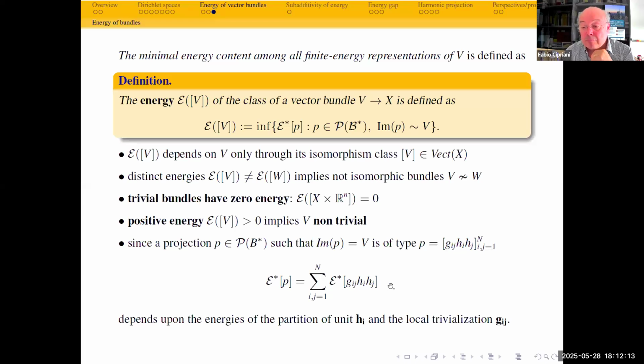So it depends on how non-constant these functions are, how the partition of unity oscillates, and how the local trivializations Gij are non-constant in some sense. So this is to reconnect this formula, this definition with the original idea we had at the beginning.